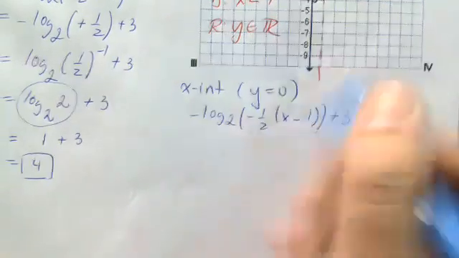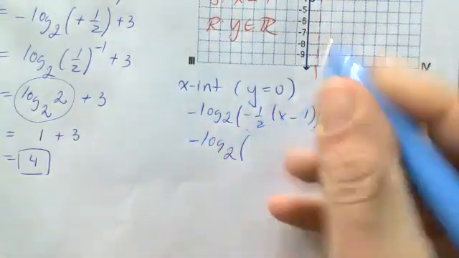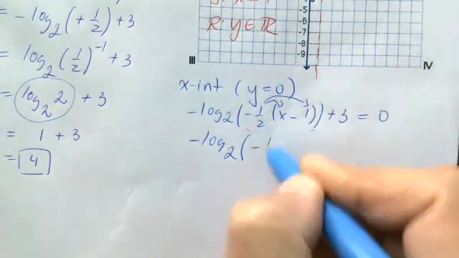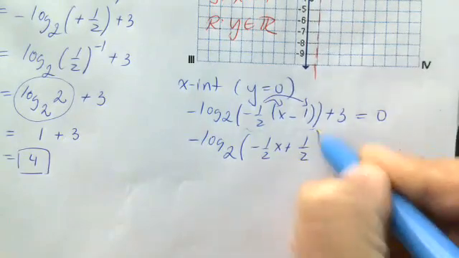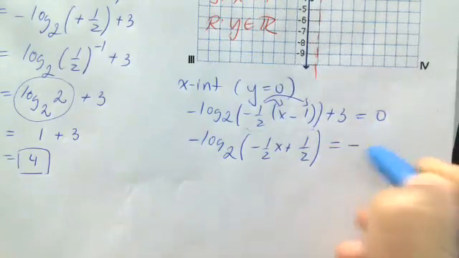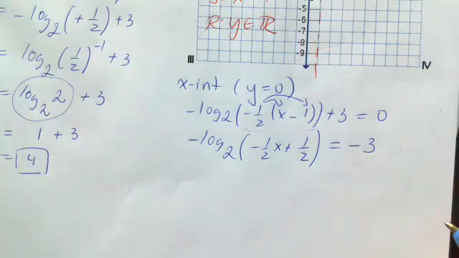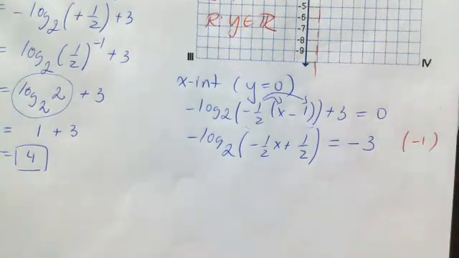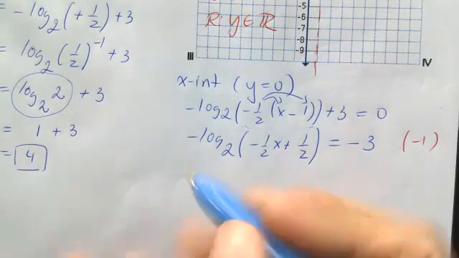Okay. So negative log in base 2 of, multiply through to get rid of the bracket inside there. So negative 1/2 x plus 1/2. And then move the 3 to the other side. So negative 3 equals negative 3. We can multiply both sides by negative 1, or divide both sides by negative 1, just to get rid of the negatives here, so that it's positive.